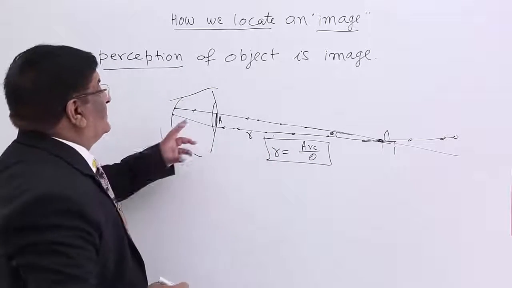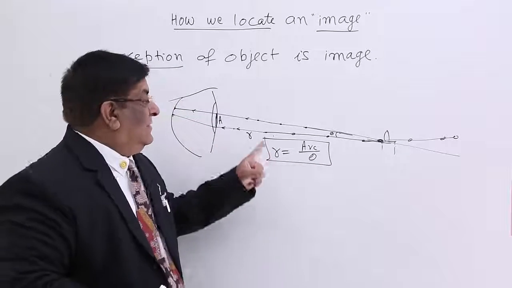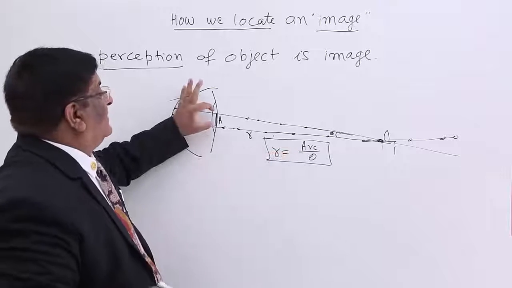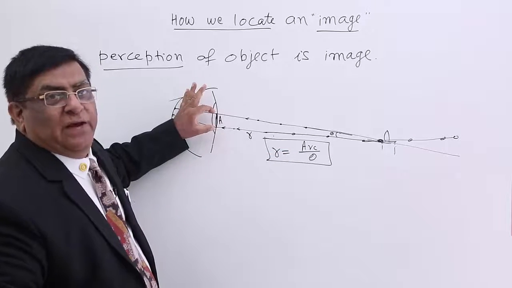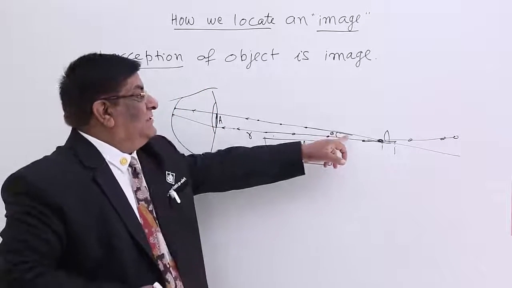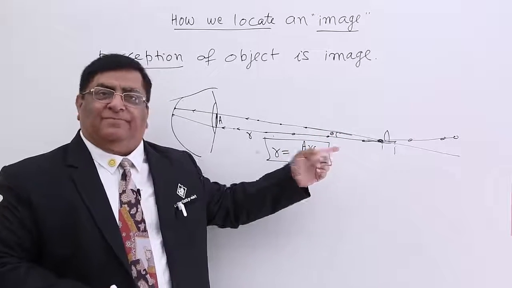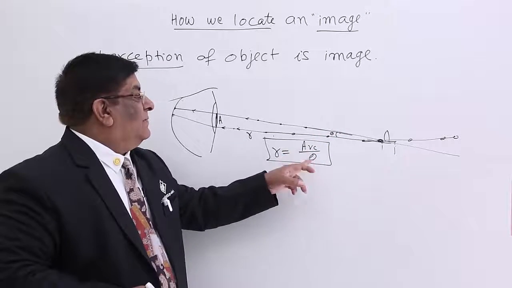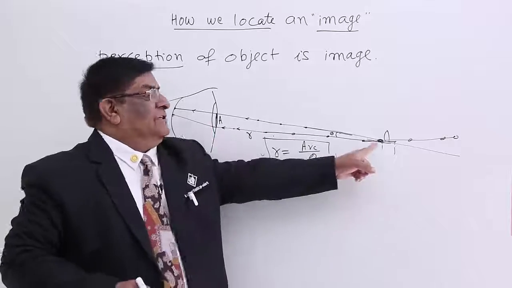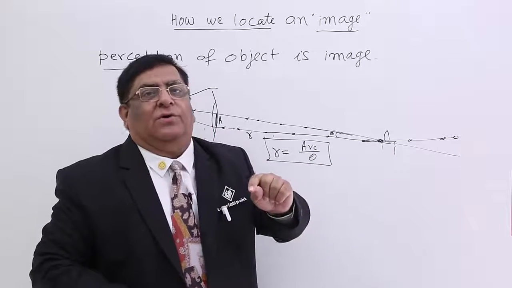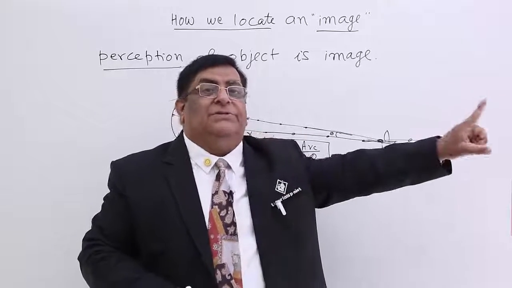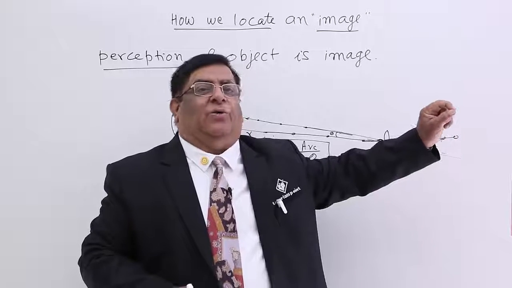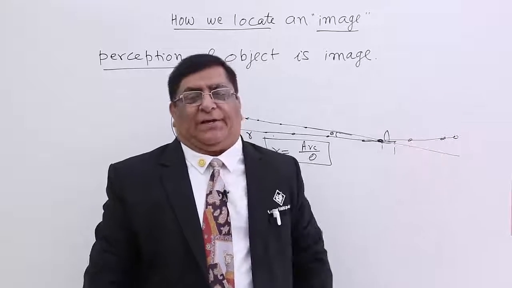This calculation is made by the brain. Arc, this eye opening, we know well. Theta, this is the angle made, we know it well. So arc upon theta gives us this distance. This is how our brain finds out the location of a particular object.